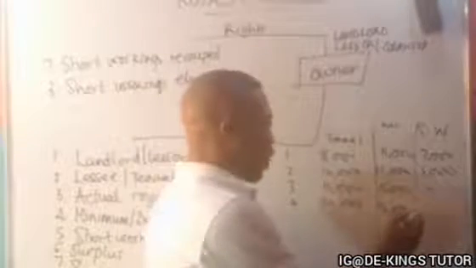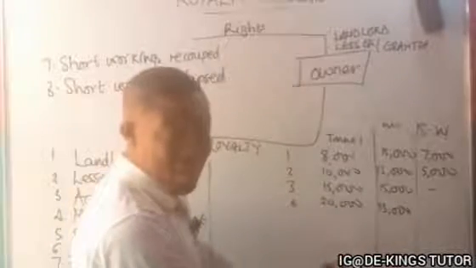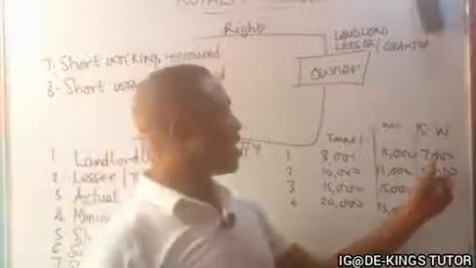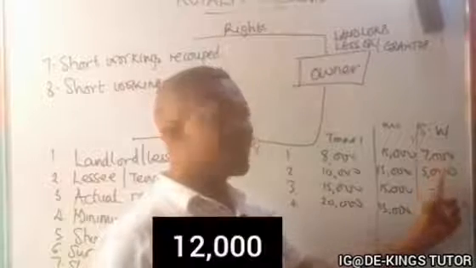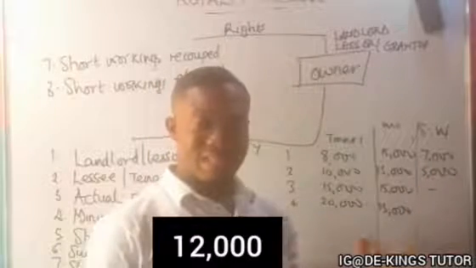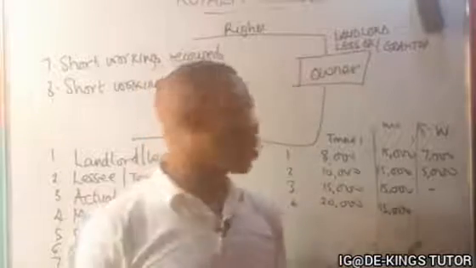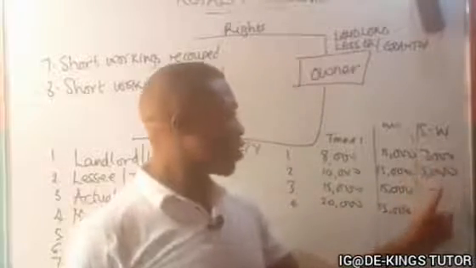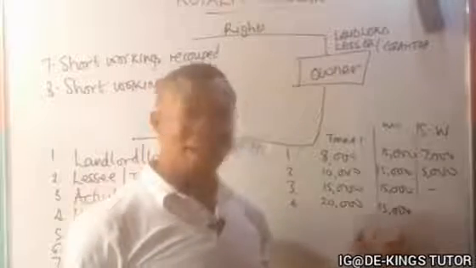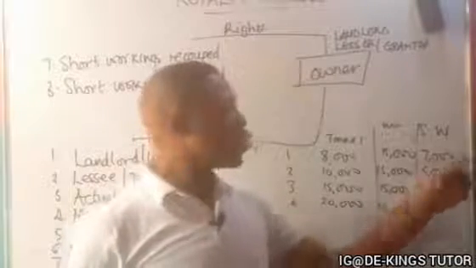So if surplus was made here, because the actual is more than the minimum rent, it means they made surplus of 5,000. And you check here, the short workings is 7,000 and 5,000, that is 13,000. And they said the number of years is 4 years after the first short workings. That is first, second, third, and fourth. It means that the surplus of 5,000 cannot recoup everything.